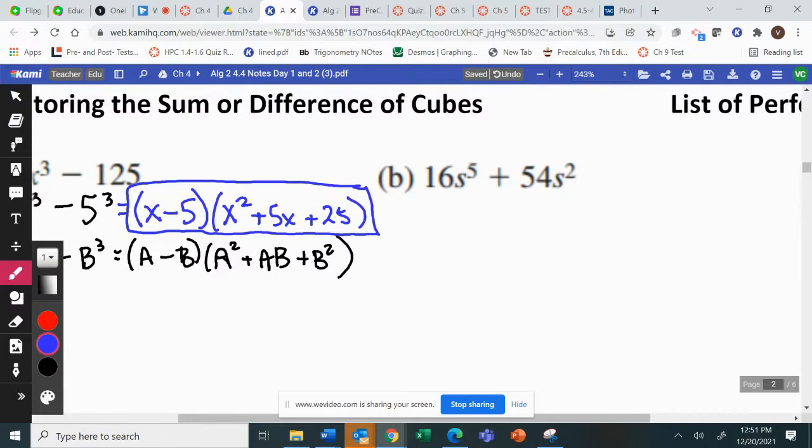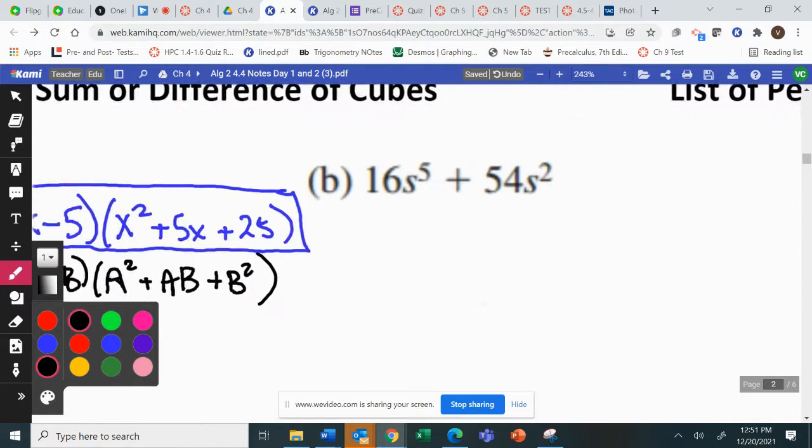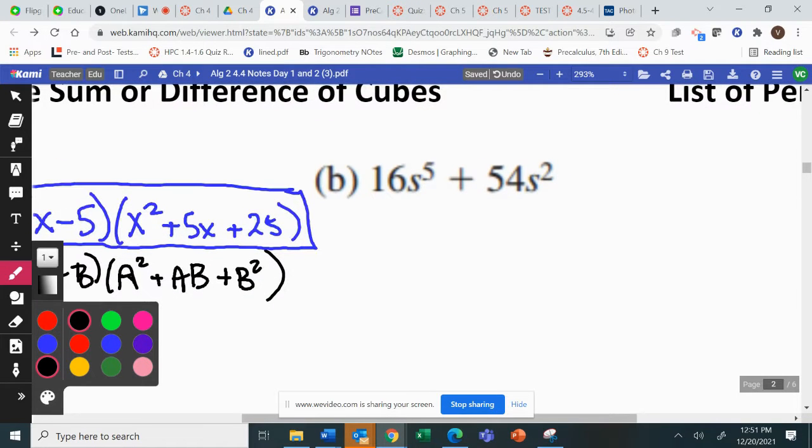Okay, let's do question B. So I look at question B and I say, are these a sum of perfect cubes? Why would they not list a sum of perfect cubes in the do a sum or difference of perfect cubes? Why would they not do that, Jack?